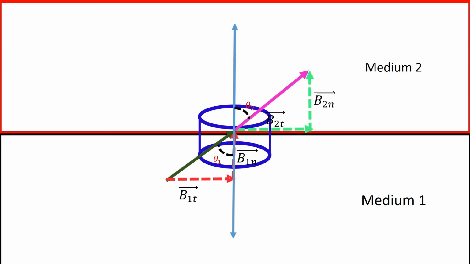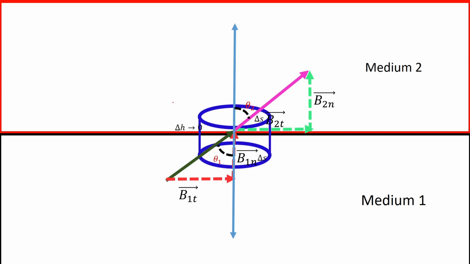In medium 1, the magnetic flux density is entering, and in medium 2, it is leaving. The number of magnetic flux lines entering through medium 1 is B1n times delta S, and the number leaving through medium 2 is B2n delta S. If they are supposed to sum to 0, that means B1n should be equal to B2n.